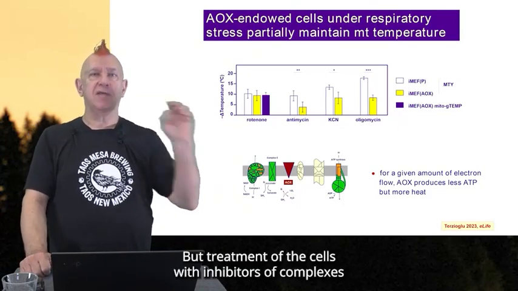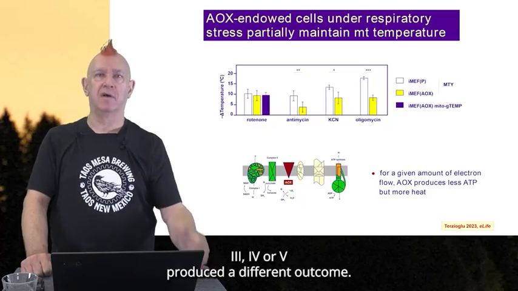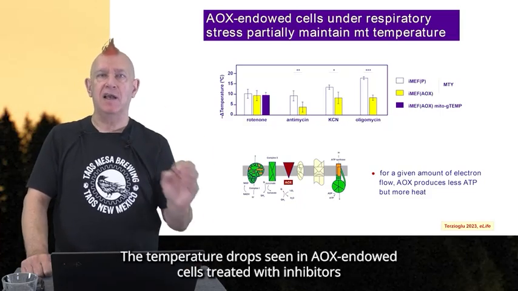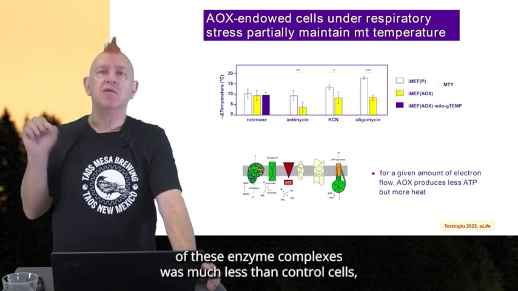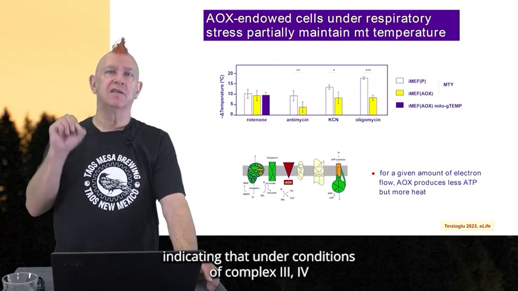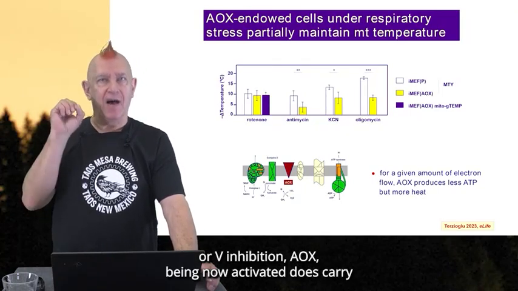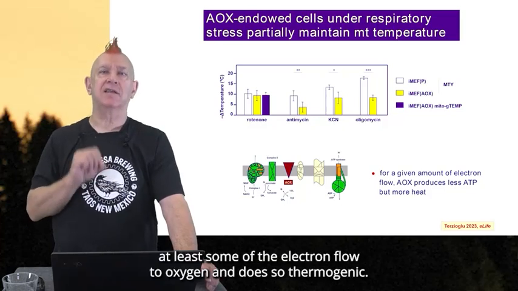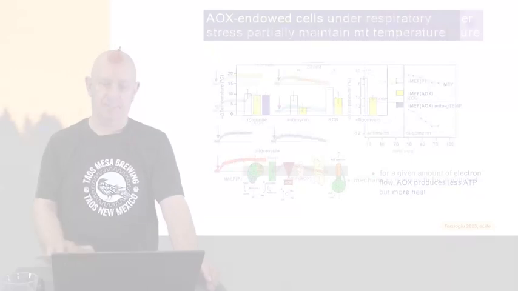But treatment of the cells with inhibitors of complexes 3, 4, or 5 produced a different outcome. The temperature drop seen in AOX-endowed cells treated with inhibitors of these enzyme complexes was much less than control cells, indicating that under conditions of complex 3, 4, or 5 inhibition, AOX, being now activated, does carry at least some of the electron flow to oxygen and does so thermogenically.